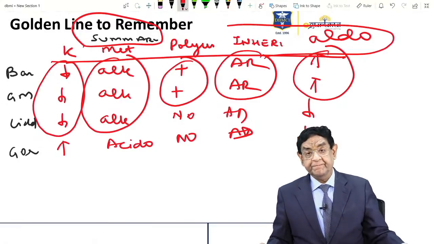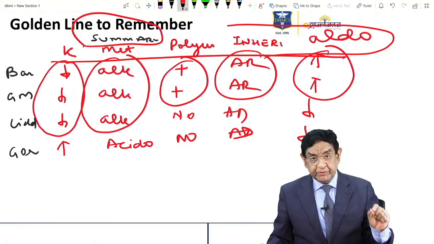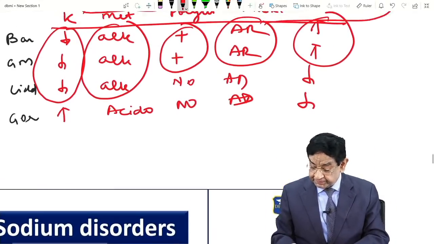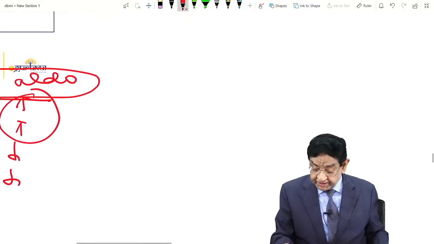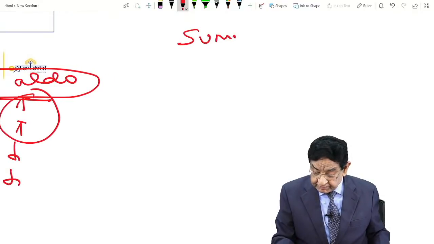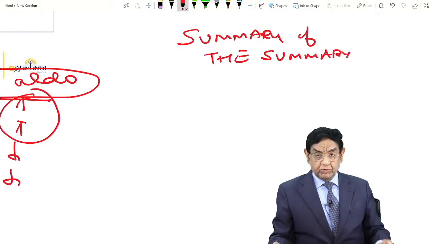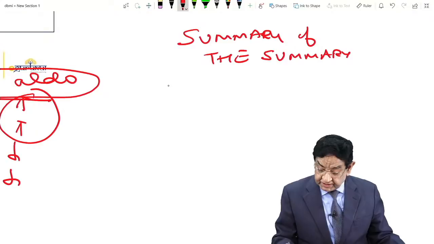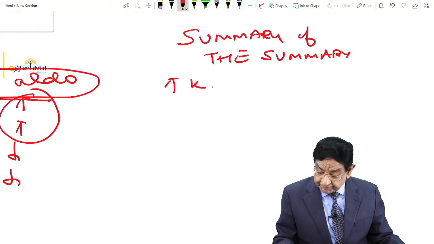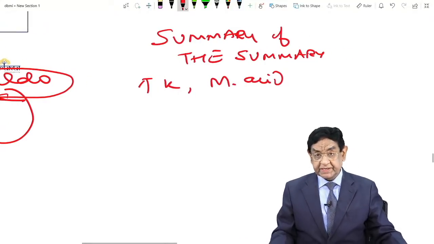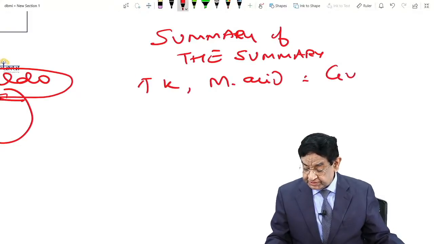This is a summary. Now I give you a summary of this summary. Write down: summary of the summary. The only condition where we have hyperkalemia and metabolic acidosis is Gordon syndrome.